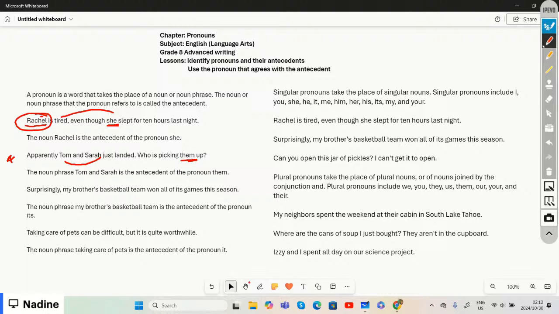So the antecedent is the noun or the noun phrase, and it is the antecedent of a specific pronoun that is related to that noun or noun phrase.